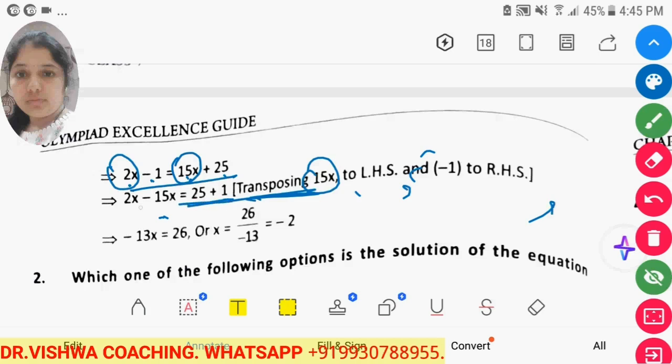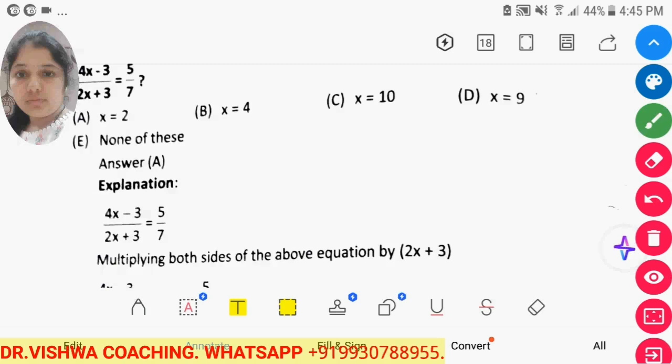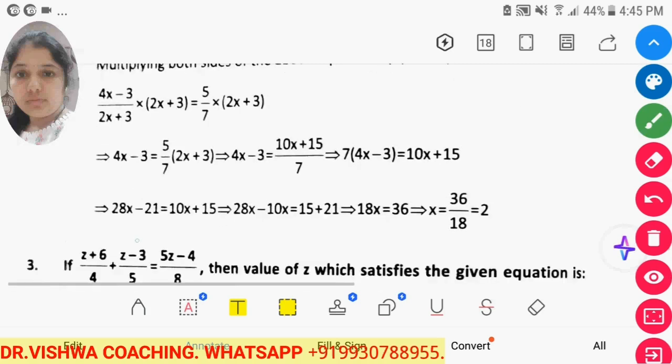Now this becomes minus 13x, this becomes 26. So minus 13 is in multiplication here, when it goes to the right hand side it comes into division, or you can directly divide both sides by 13. So x is equal to minus 2, since 13 twos are 26. Like this you have to solve the equation.